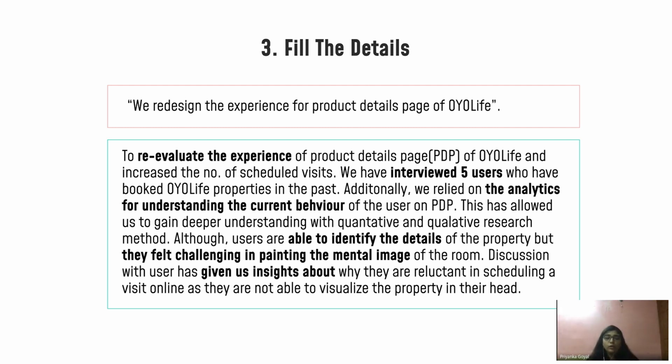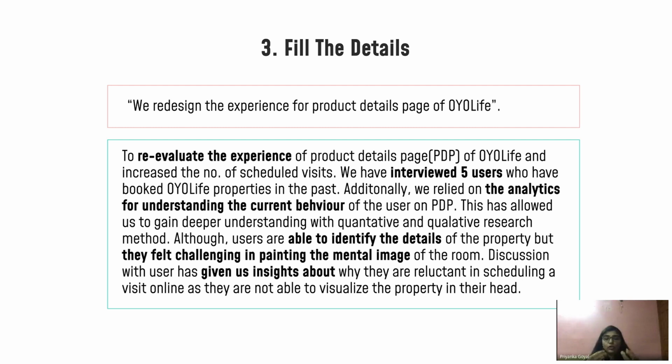You should be able to write the right words, like you have reevaluated the experience, you have interviewed 5 users, you have used the data to understand the current behavior, you were able to identify the details of property, why it felt challenging for users to paint the mental image of their room. Then if you write something like this, it will make more impact.